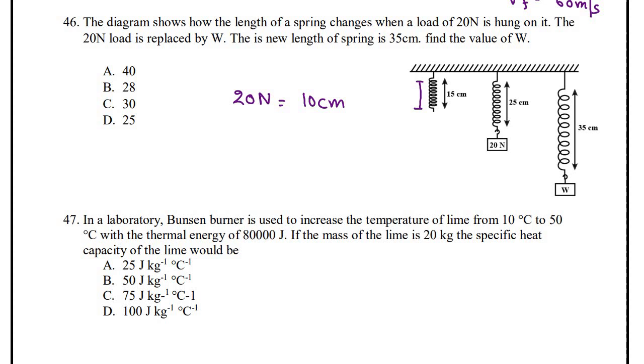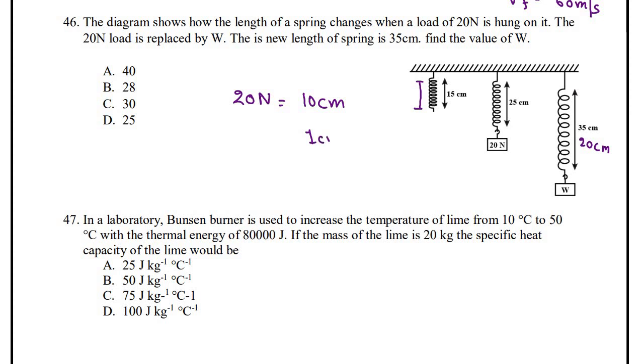In this last part, if 15 is the length of the spring and 35 is the total length, this means that the extension is 20 centimeters. So the extension by the weight W is 20 centimeter.